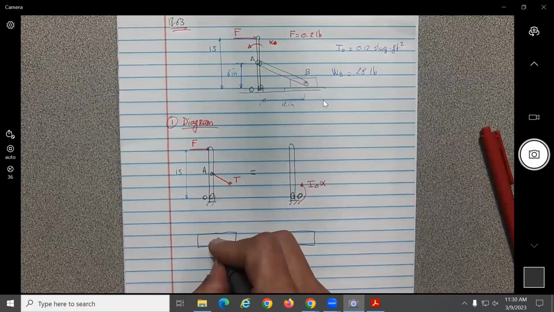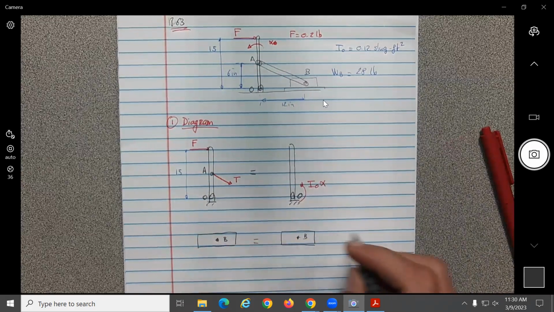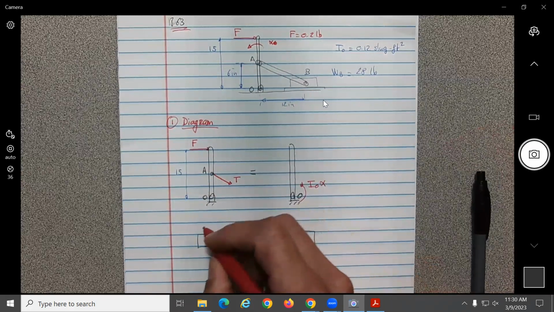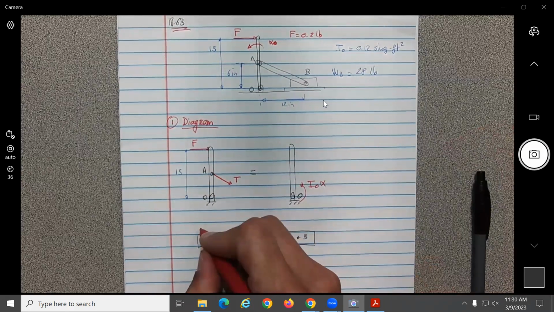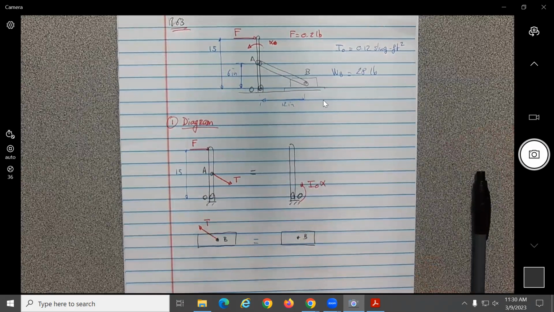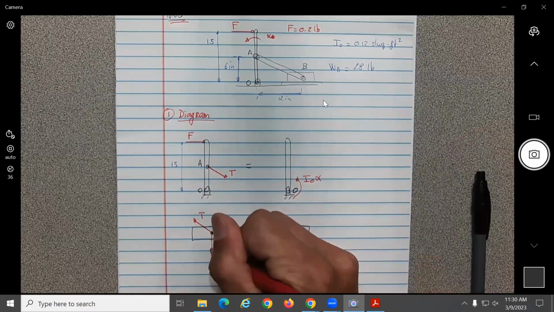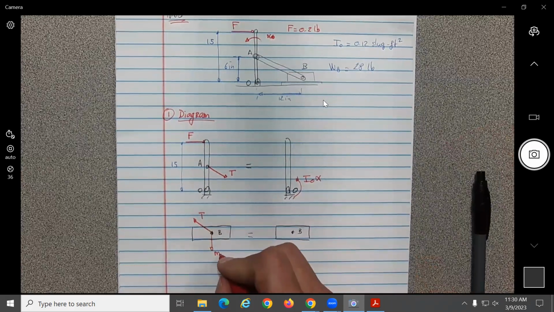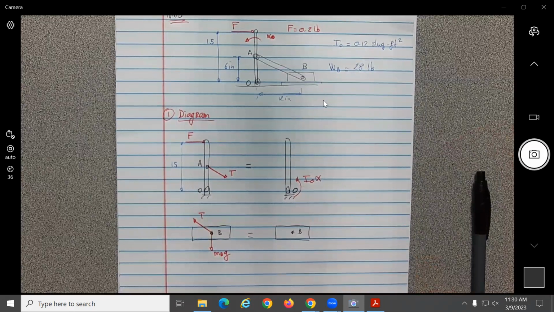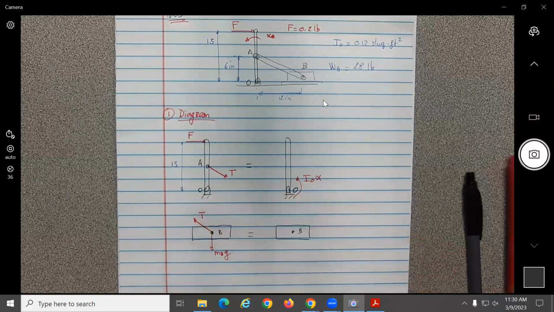Now, what about this one over here? What about block B? We have a tension force that should be the same magnitude, opposite in direction to the other one. Then what else? The weight, the normal force, perfect. I should have done it before.